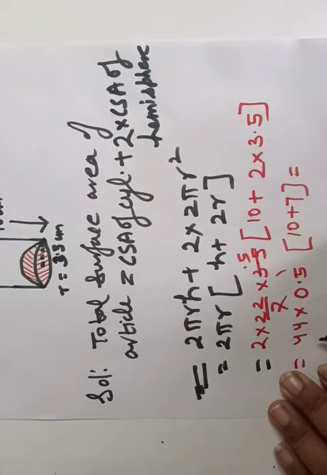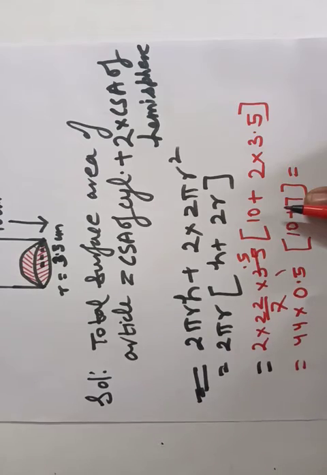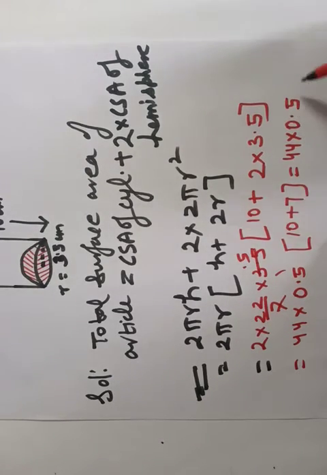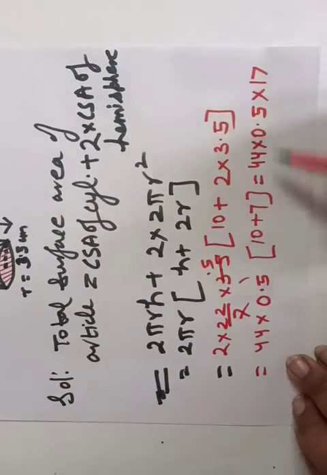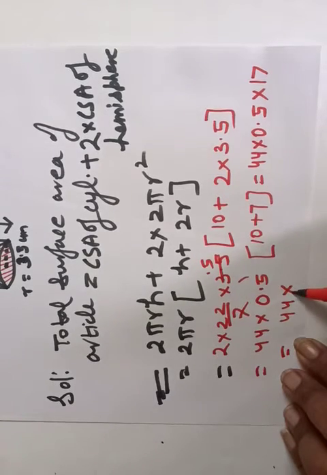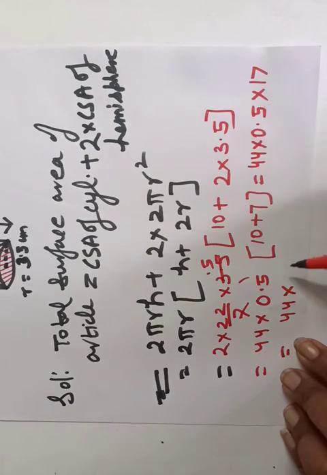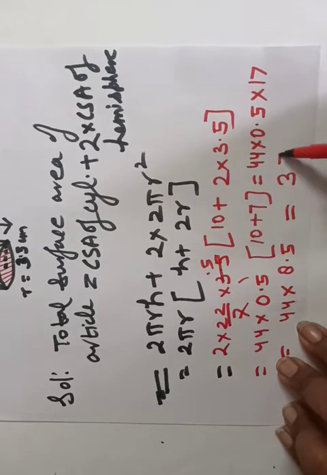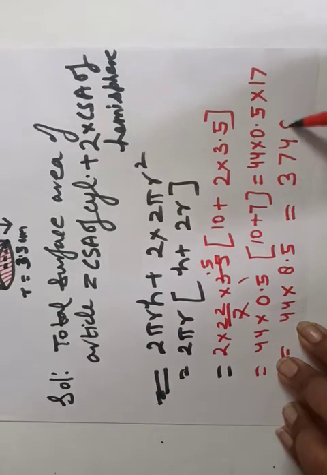So we have 44 into 0.5 into 10 plus 7, that is 17. Now multiply this: 17 5s are 85, that is 8.5, and we will multiply 44 into 8.5, we will get 374 centimeters square.